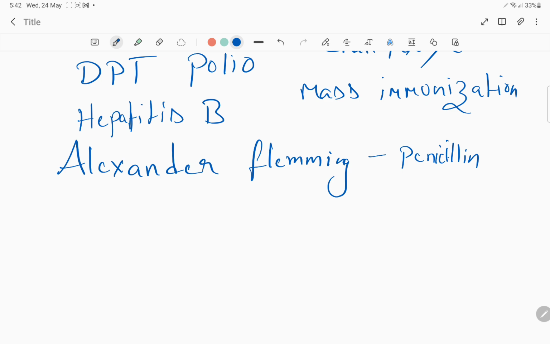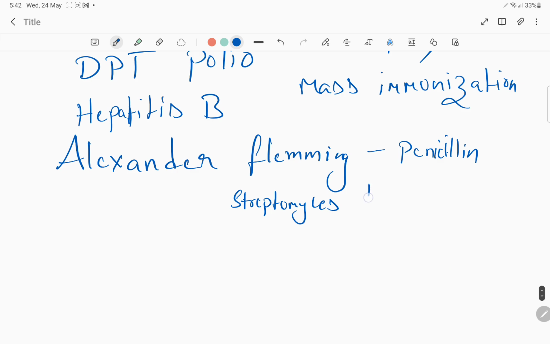This opened up large scale production of antibiotics, and now various species of Streptomyces produce one third of all antibiotics. So one third is produced by Streptomyces, which is currently used for microbial diseases.